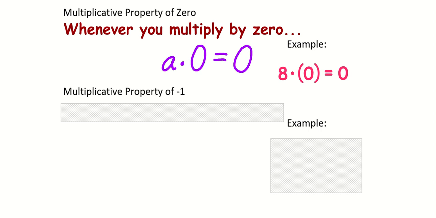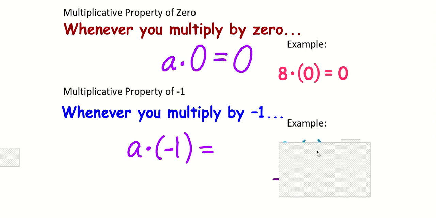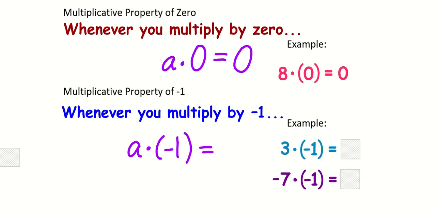Because there's a multiplicative property of -1. What that says is, whenever you multiply by -1, whatever times -1, writing it all generalized, I suppose over here we have very specific examples.